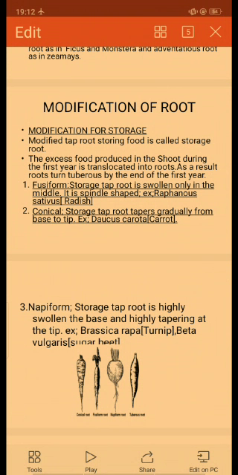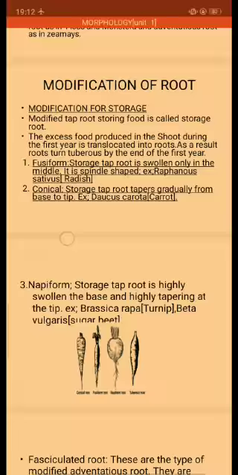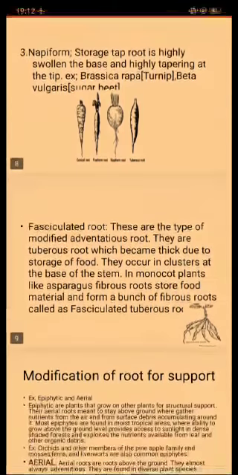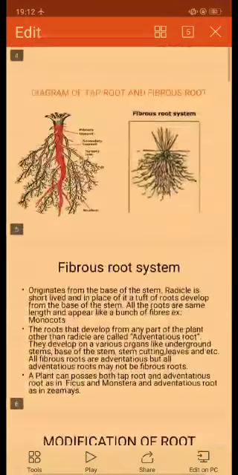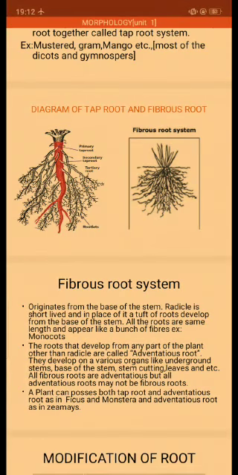There are three types of storage roots: one is fusiform root, second conical root, third napiform root.